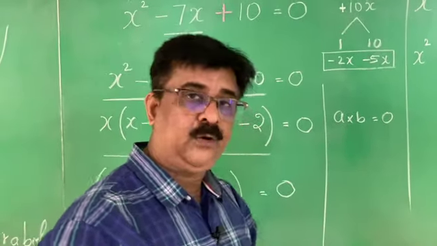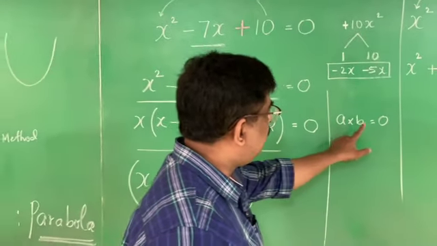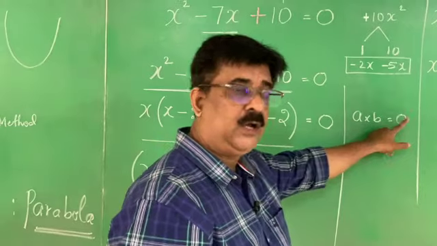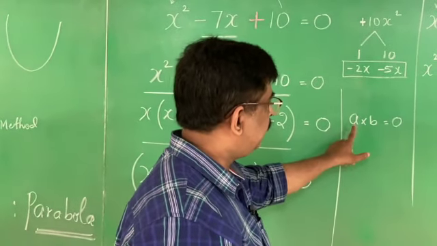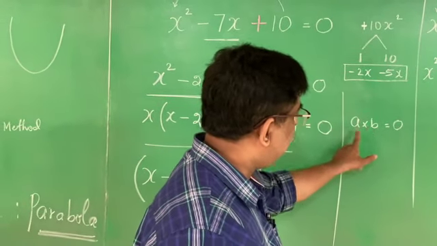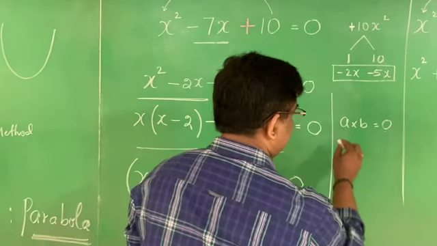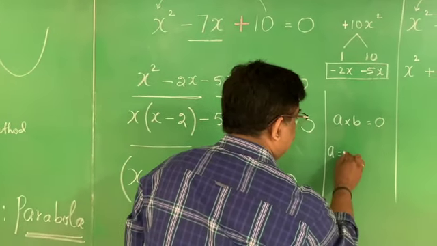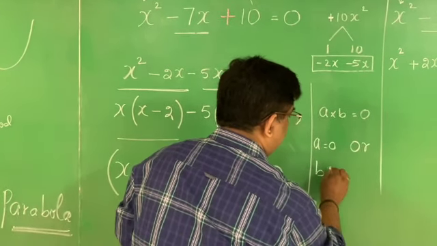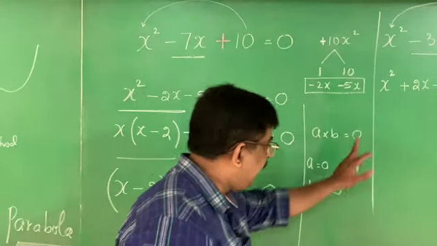This means that there is no need that both the numbers are 0. Either of the numbers is equal to 0. If A is equal to 0, then 0 into B is equal to 0 only. If B is equal to 0, A into 0 is equal to 0. If A into B is equal to 0, it means that either A is equal to 0 or B is equal to 0. There is no need that A is equal to 0 and B is equal to 0.